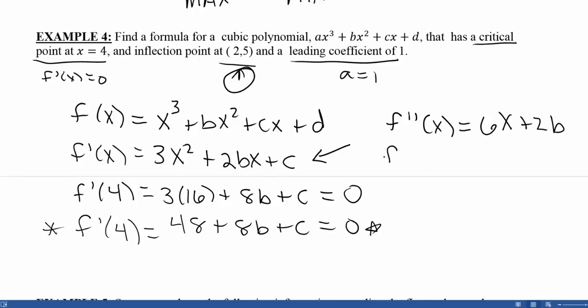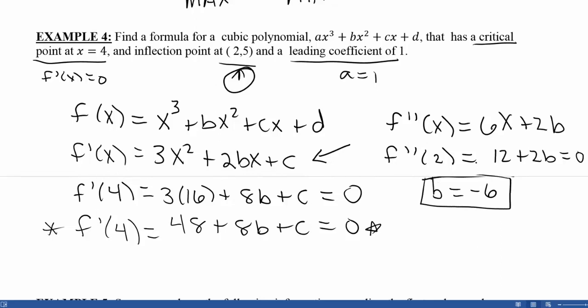So here, if I plug in a 2, I get 12 plus 2b, and that will have to equal 0. Because again, to the left of 2 and to the right of 2, we should have different signs, which means that at 2, we had to go through 0. So now I can solve for b. So if I subtract 2b to the right, and then I divide by the negative 2, I get b equals negative 6.